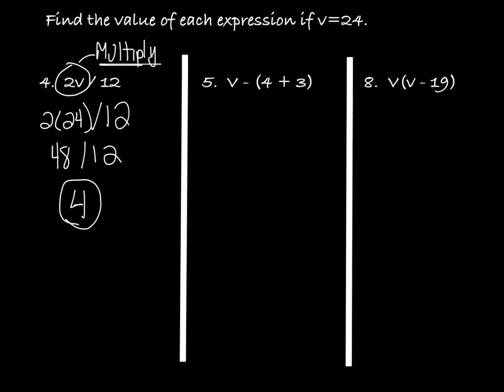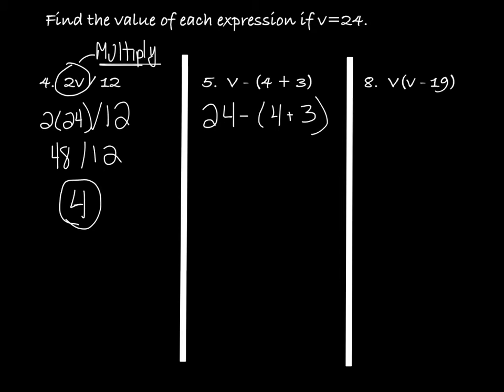For the next one, again, anytime I see a v, I'm going to replace it or substitute it with a 24. So this is now going to turn into 24 minus parentheses 4 plus 3. And another way to say a parenthesis is the quantity. So this is really saying 24 minus the quantity 4 plus 3.